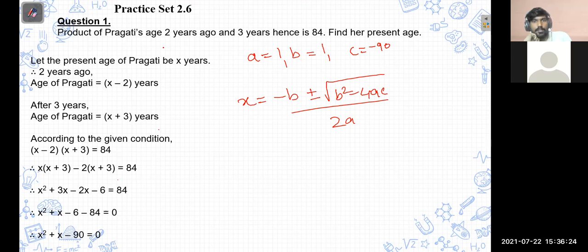Yes, I'm listening. So root 361 is not anything. Can you show me your calculation?